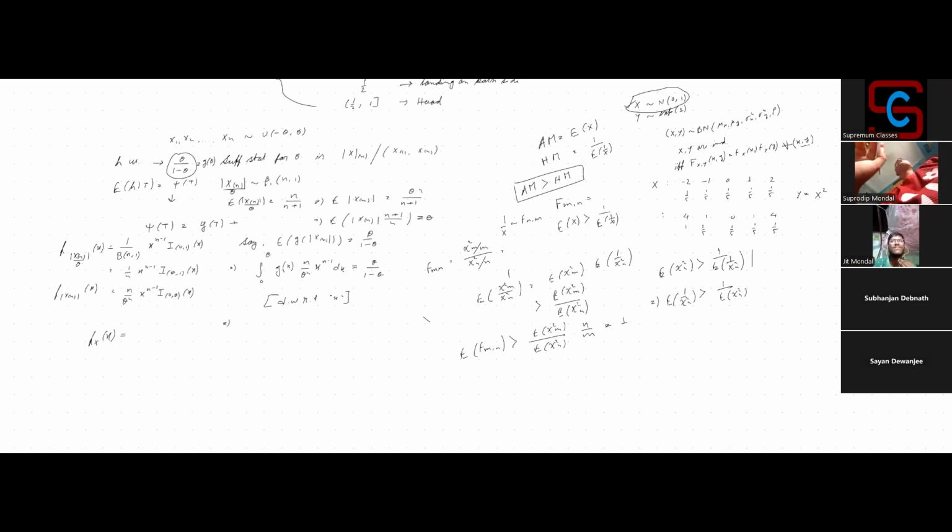Like if the variance is the same, we can check for consistency. No, I'm not talking about consistency. I'm asking, to get a very good estimator, is unbiasedness necessary? Should it be unbiased, or are there other criteria?